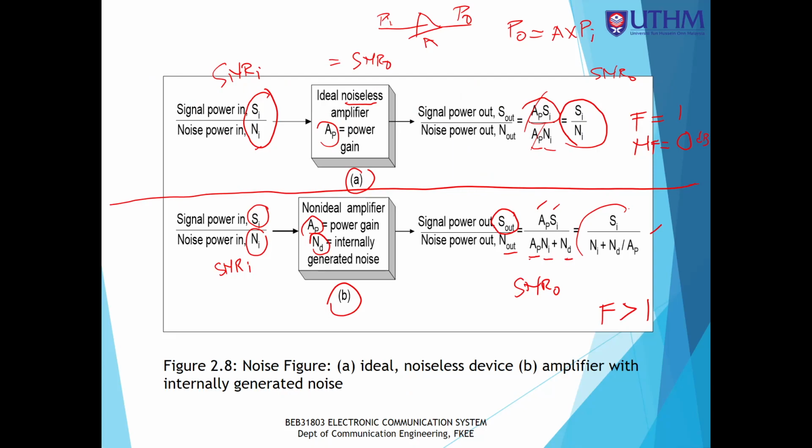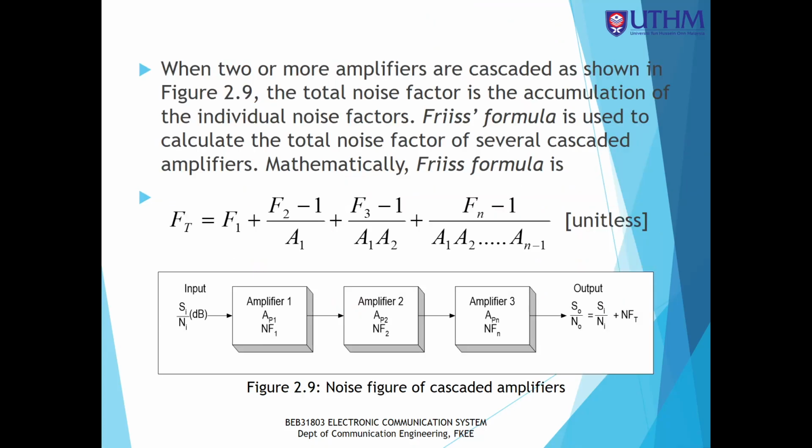What if we have many non-ideal amplifiers? Macam mana kalau kita ada banyak non-ideal amplifiers? How to find the noise factor? For example, here you have three cascaded amplifiers like this.